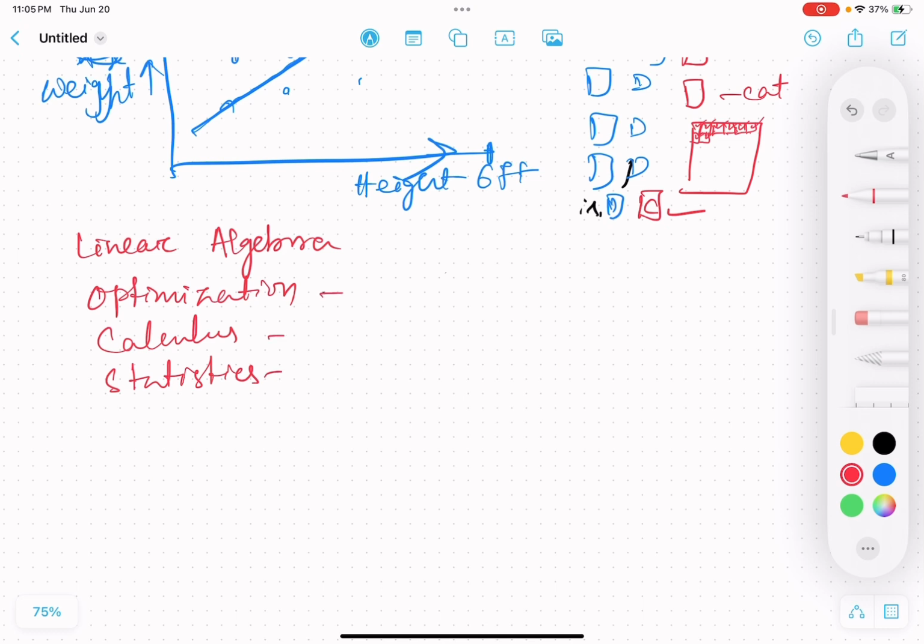There are other forms of mathematics involved, but these are the basics of data science. If you have these concepts clear, then you will be a great data scientist. There is no question about it.